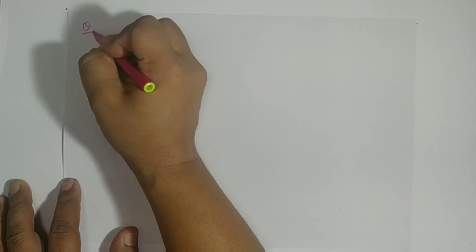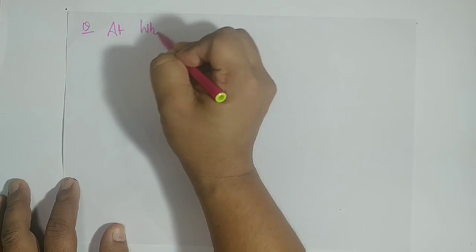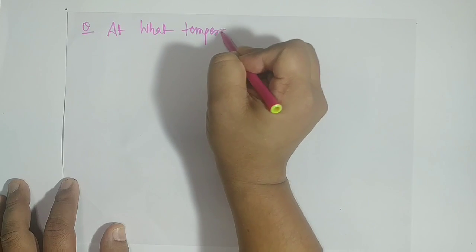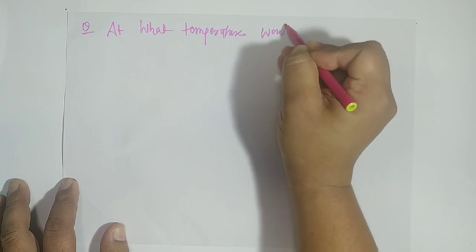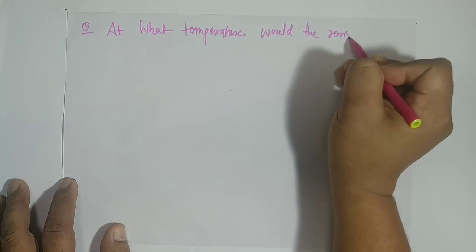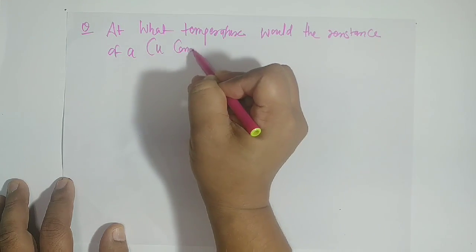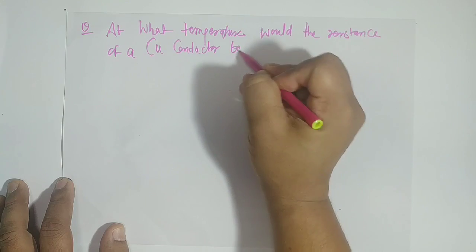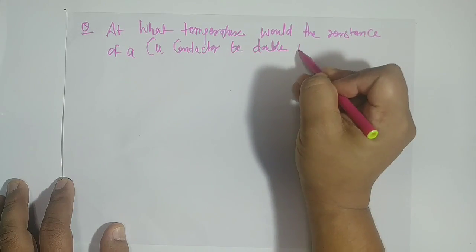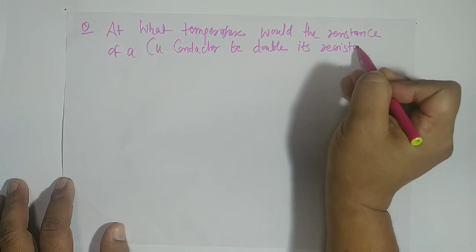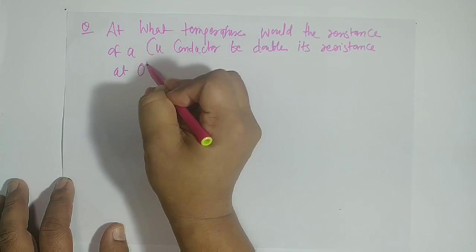And then we can see some numericals based on the temperature dependence, that is, how the temperature and the resistivity change. Say there is one question, I am going to write it: at what temperature would the resistance of a copper conductor be double its resistance at 0 degrees Celsius?